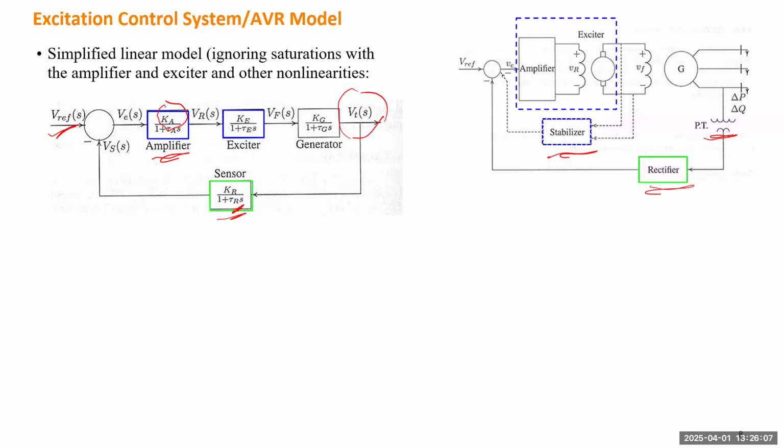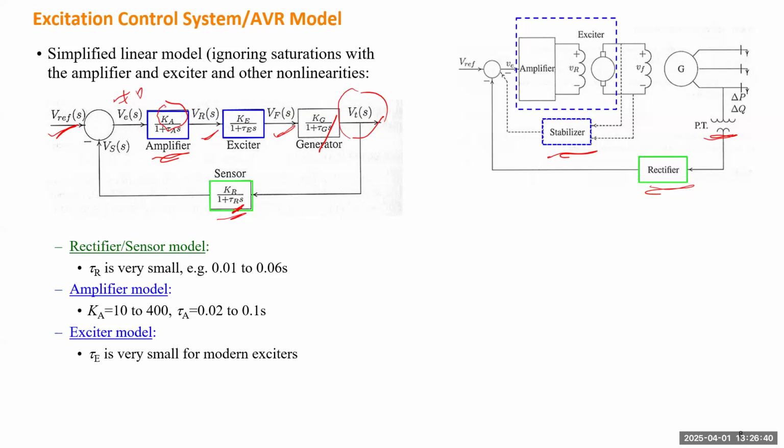This signal is amplified through the amplifier and becomes the control signal going to the exciter. The exciter determines the field voltage. The field voltage goes to the generator, which is modeled by a first order system, and that becomes the terminal voltage. So now you should be able to write down the transfer function. Let's take a look at the range of values for those time constants and gains.